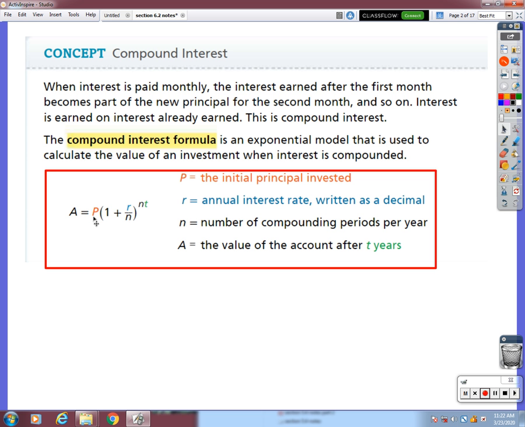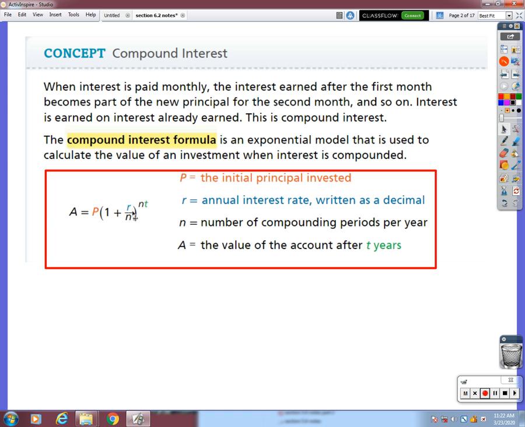This value is the amount of money that we start with in our account, which we talked about last week as the a value or the y-intercept. That's how many creatures or whatever you're starting with in your population. Then what you're multiplying by each time is 1, because that represents the original amount, plus the interest rate.